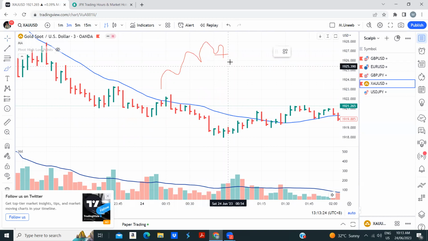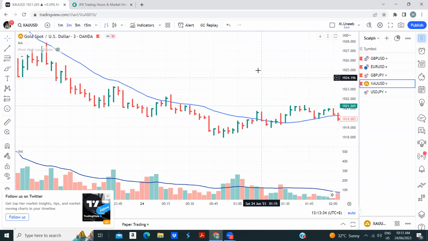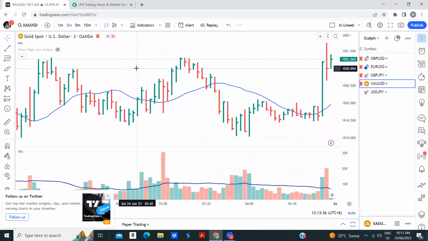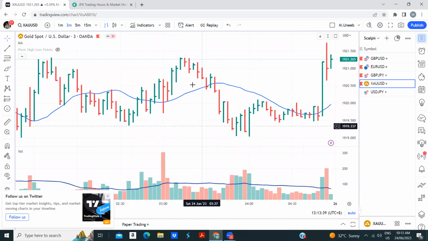This is a hidden spring. It's very similar to a key reversal. It's a key reversal actually. Hidden spring is actually a key reversal. But of course, you will not trade all key reversals. It depends on the location of the key reversal.